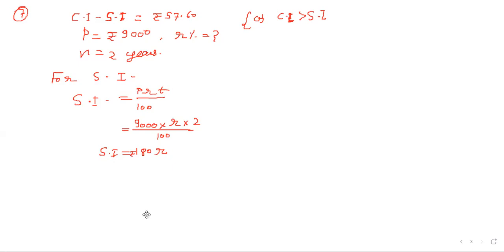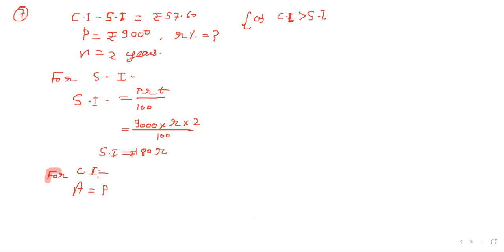And now if we calculate the compound interest for the same sum using the formula for compound interest, we know that the formula is A equals P into, or it is the difference between simple interest and compound interest.